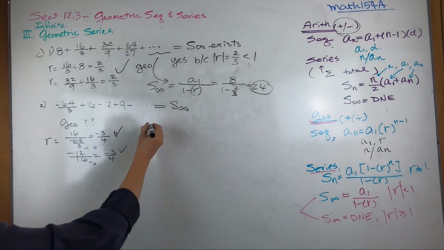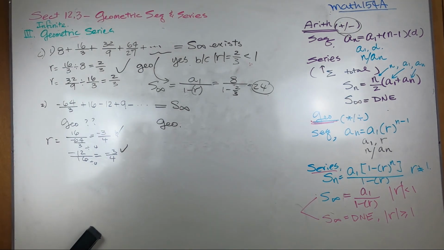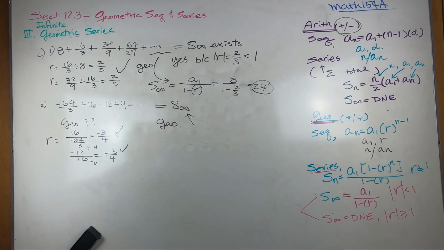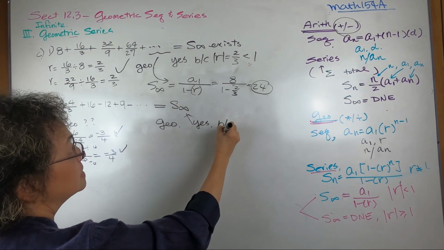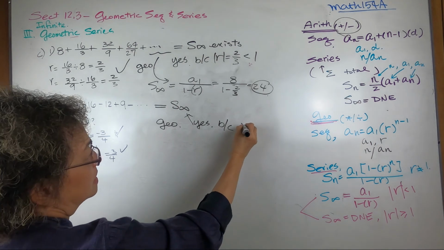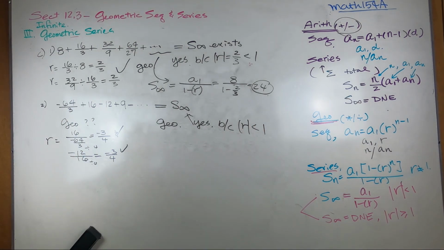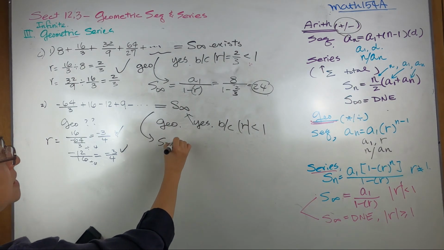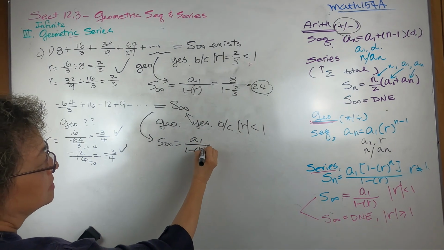So we have geometric sequence and series, right? So do I have S infinity? Yes, because my R absolute value is less than 1, 3/4, right? So our S infinity, we follow the rule a1 over 1 minus r.